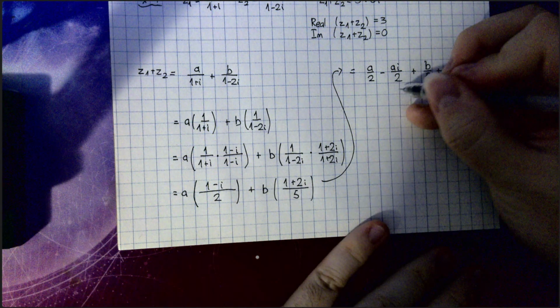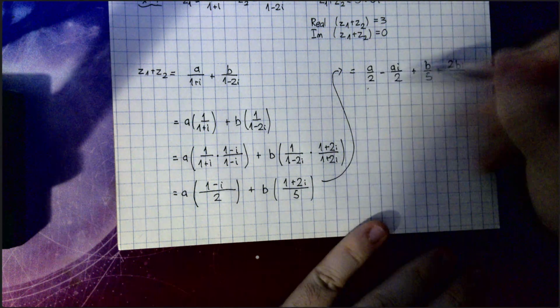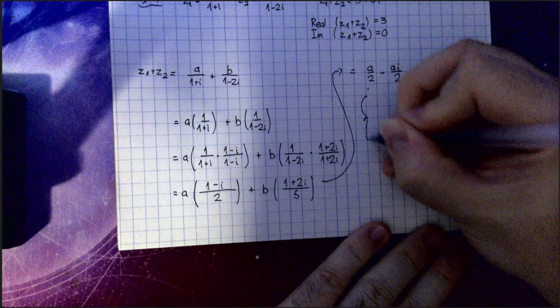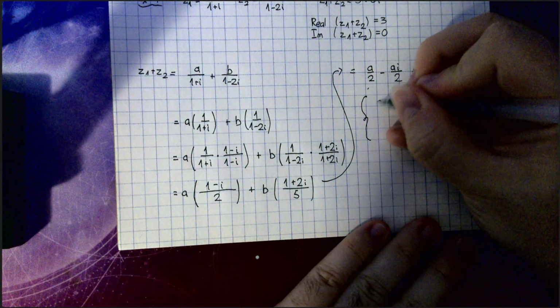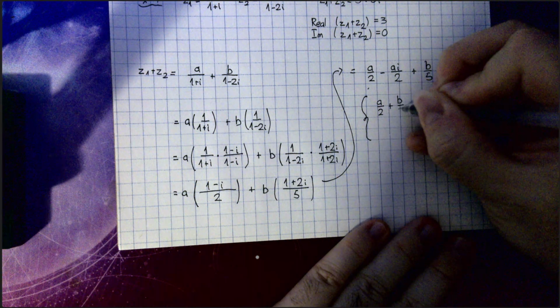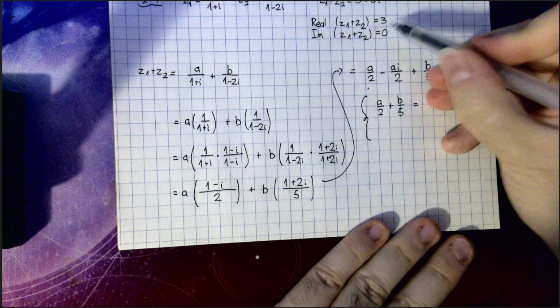because I'm going to end up with this and this, so the real component of my complex numbers, so a over 2 plus b over 5 is going to give me what I have up here, right?